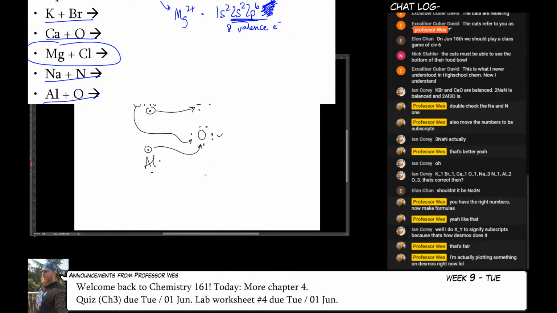So now that's good. And that's good. So there's my compound. There's my ions. You can see that the charges all balance out. There's the compound we make.